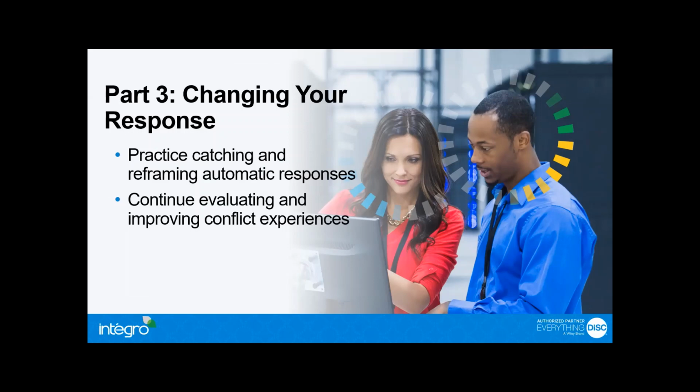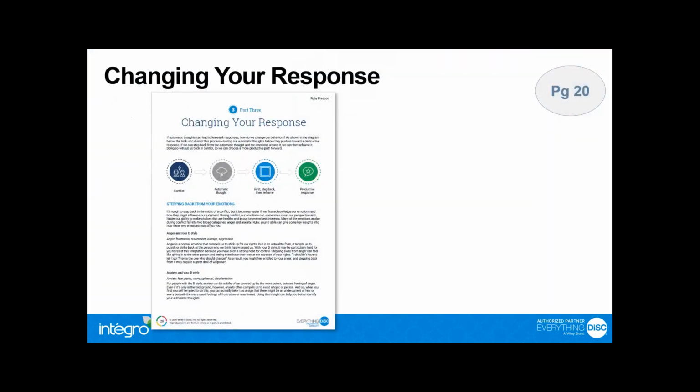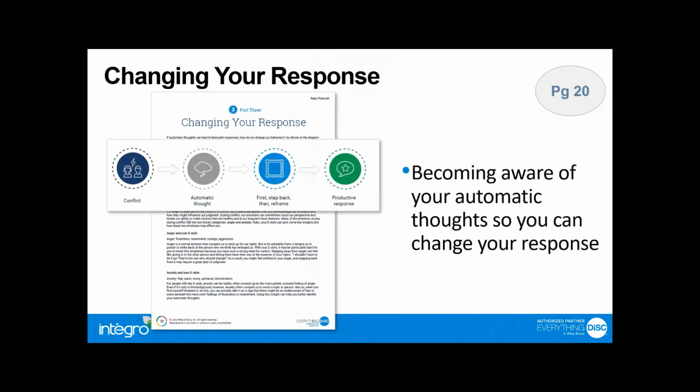So how do we change our response? We're introducing a new step now. We're going from the conflict to the automatic thought, but then before reacting, first step back and reframe, and then choose a productive response.